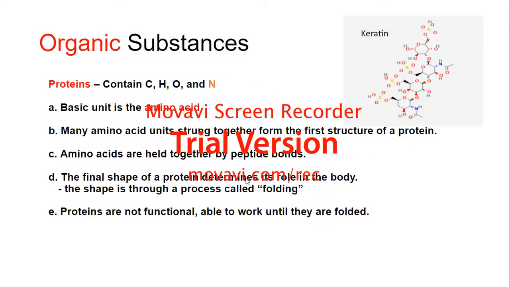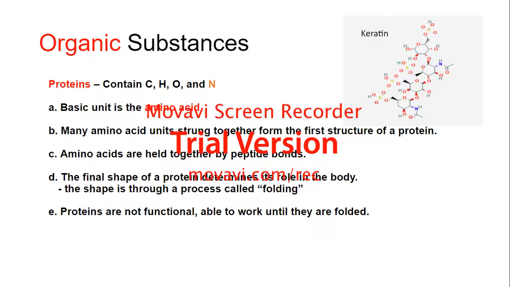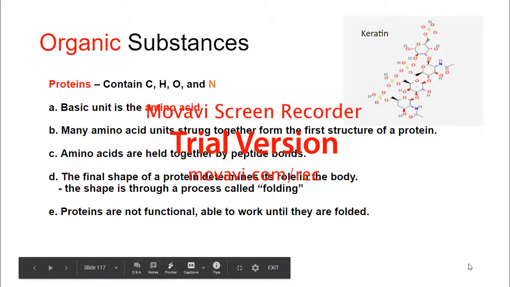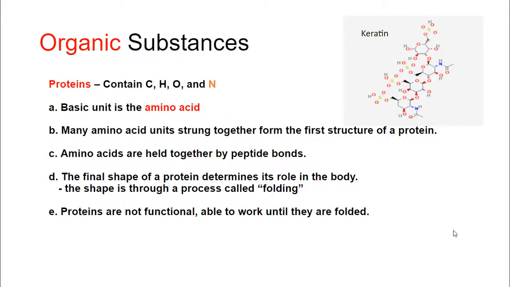All right, so another organic substance is proteins. They contain carbon, hydrogen, oxygen, and nitrogen. The basic unit of proteins are the amino acids. Proteins are very, very important for the body. Like I said, all enzymes are proteins. And also remember that proteins are formed on ribosomes.